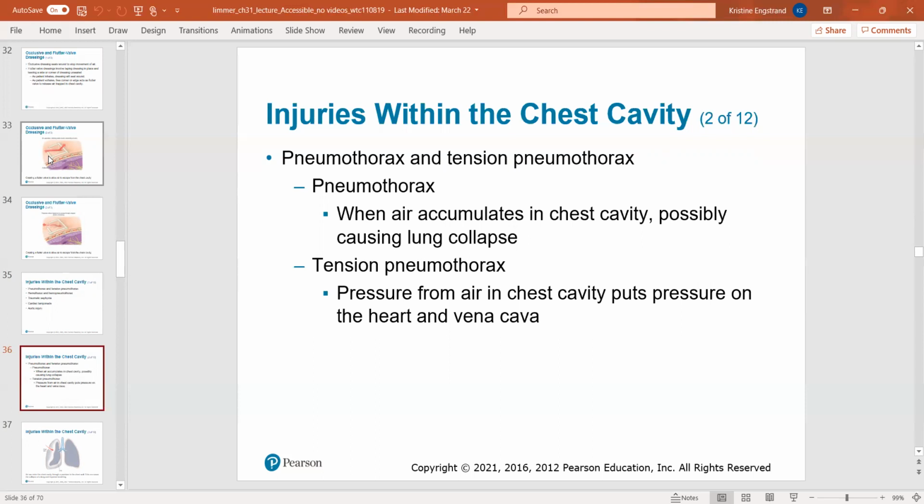A tension pneumothorax is when the pressure from the air in that cavity gets so great that it's putting pressure on the heart and vena cava. It's going to continue to shift. Here's where you're going to see what's called tracheal deviation. If that trachea is not midline, starting to shift, we've got some serious, serious patients.